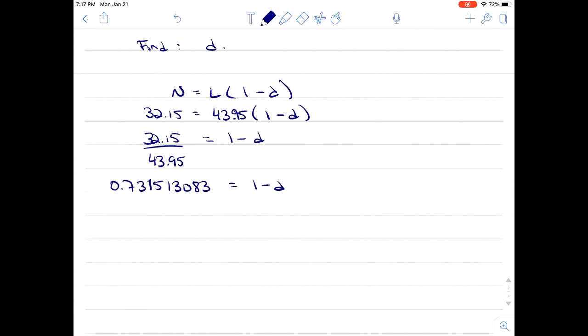So for any kind of nasty numbers like this, right, you're going to do 32.15 divided by 43.95 equals. And then you're going to want to store this. So store in 1, for example. You can store in all of the numbers. You just have to remember where you stored things.